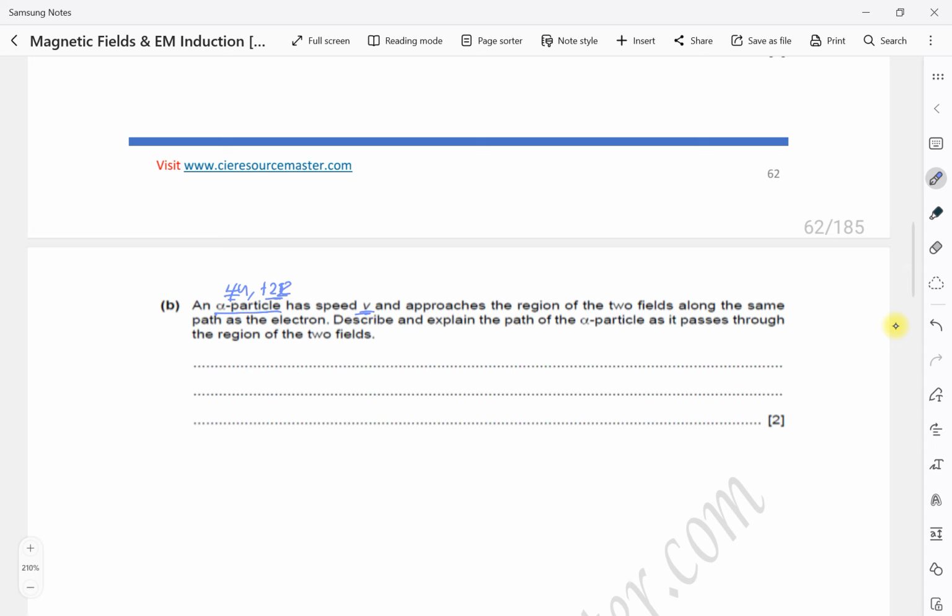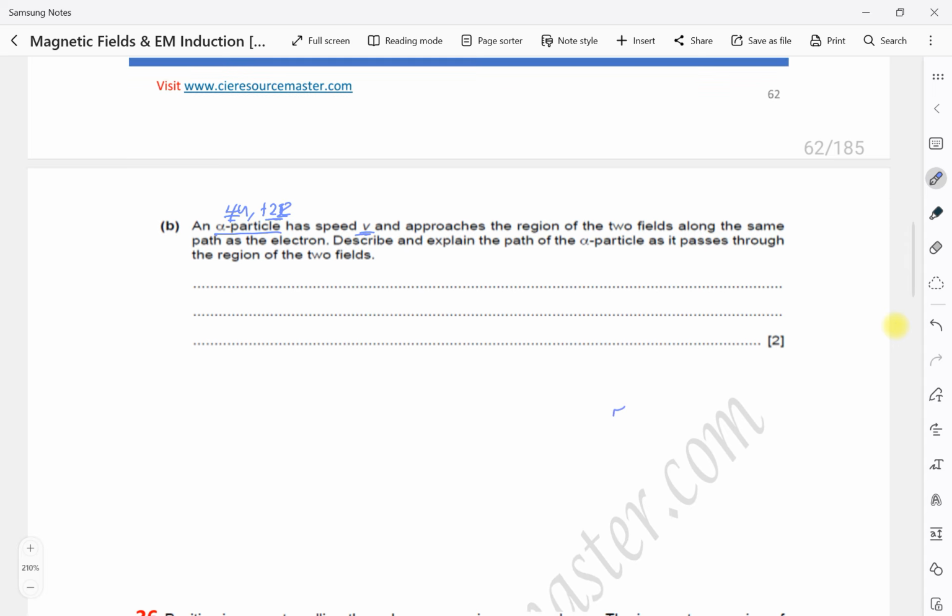So the new magnetic force, I'll write Fm for magnetic force, would be B into twice Q times V. The new electric force, call it Fe, will also be twice Q times E. So still V equals E over B, implying that still there will be no deflection.